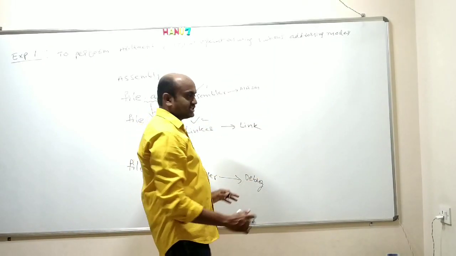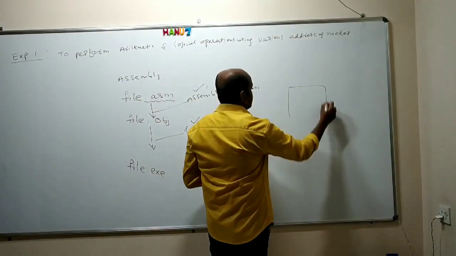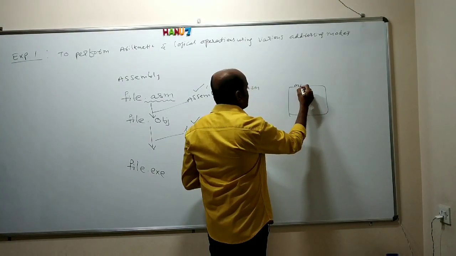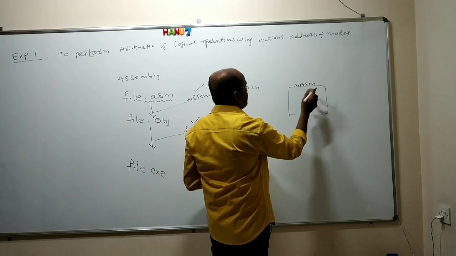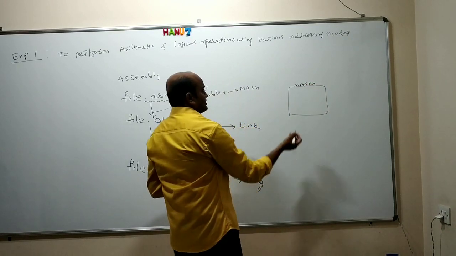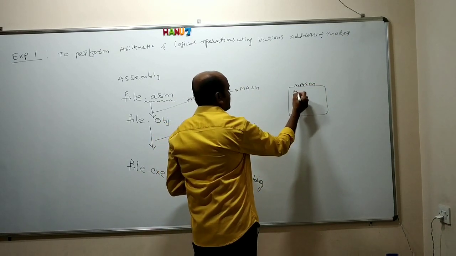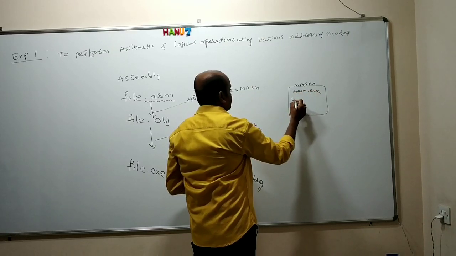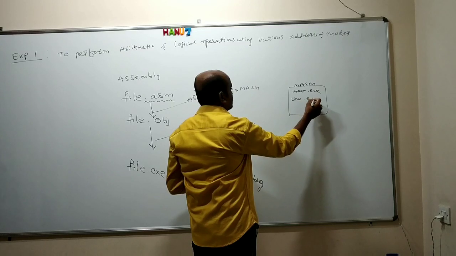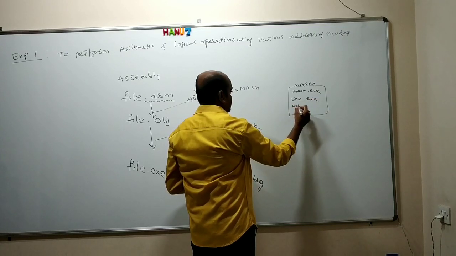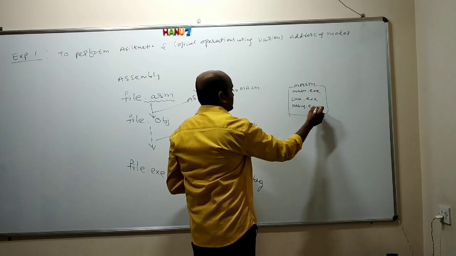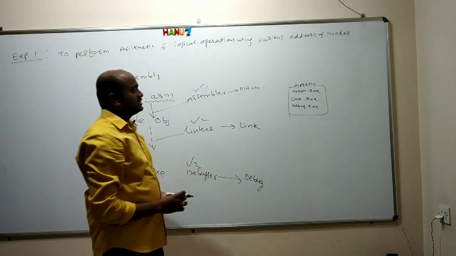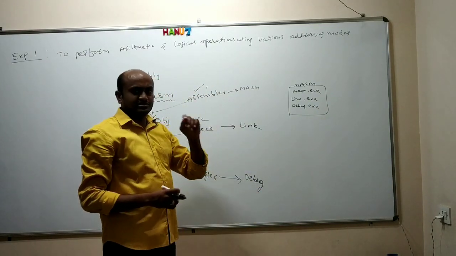These three files together, I will put in a folder called MASM. You can give any name to the folder. I am naming that folder MASM, and I kept these three softwares in it: masm.exe, link.exe, and debug.exe. These are very small softwares.